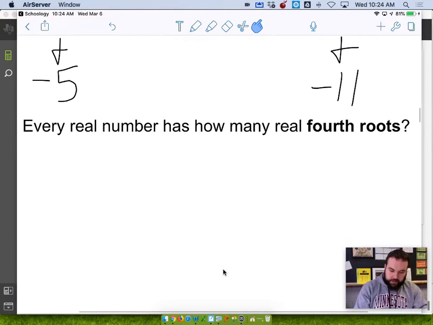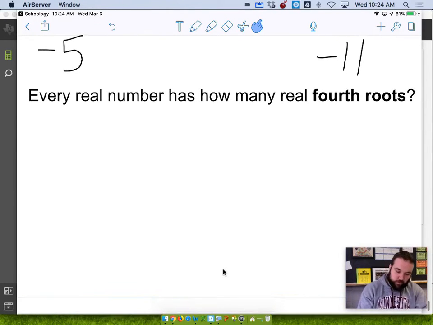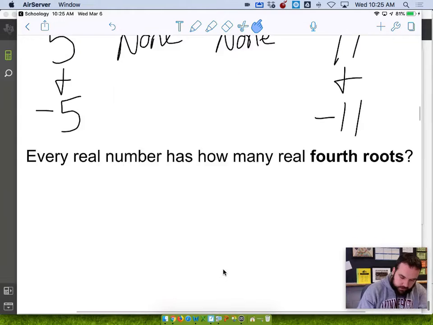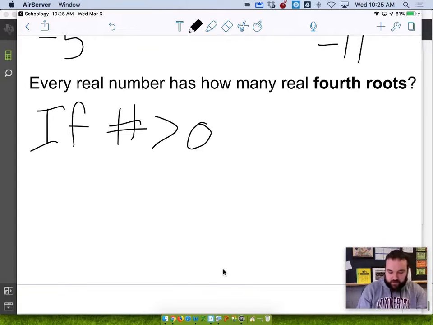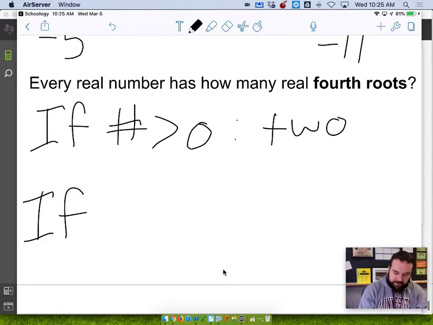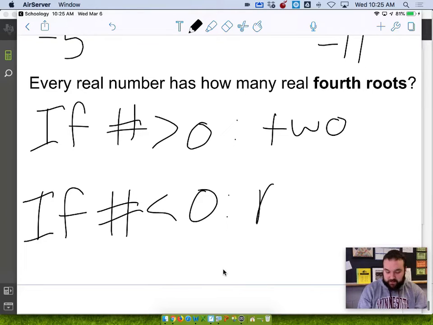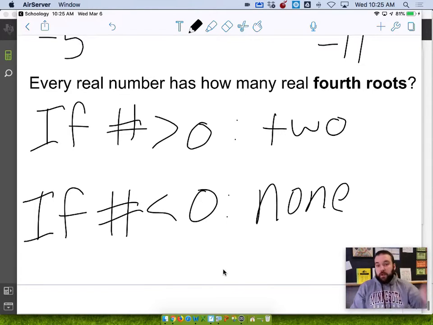So every real number has how many 4th roots? If the number is positive, if it's greater than 0, then there are 2 fourth roots. If the number is less than 0, or negative, there are none.